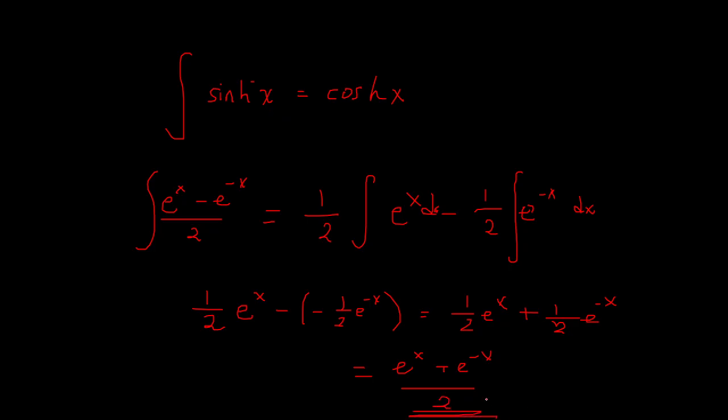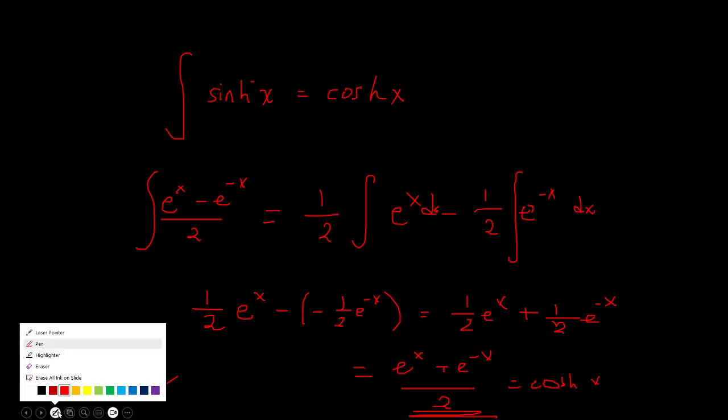And that's just it. So that's what you call cosh x. Proving using exponentials is the best way you can solve any kind of integration or differentiation question. But that was just the fundamentals of hyperbolics.